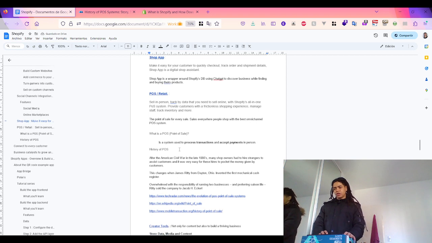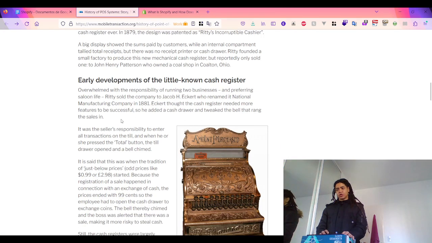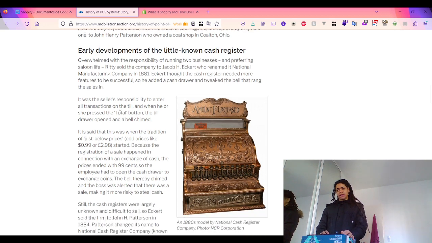Overwhelmed with the responsibility of running two businesses, the saloon and the company producing the mechanical cash register, and preferring the saloon life, Ritty sold the company to Jacob H. Eckert.